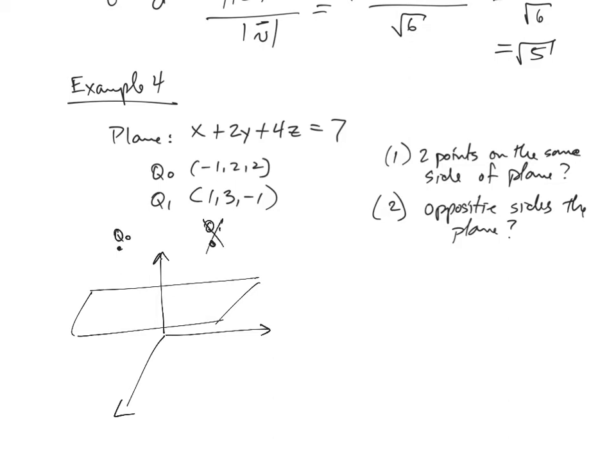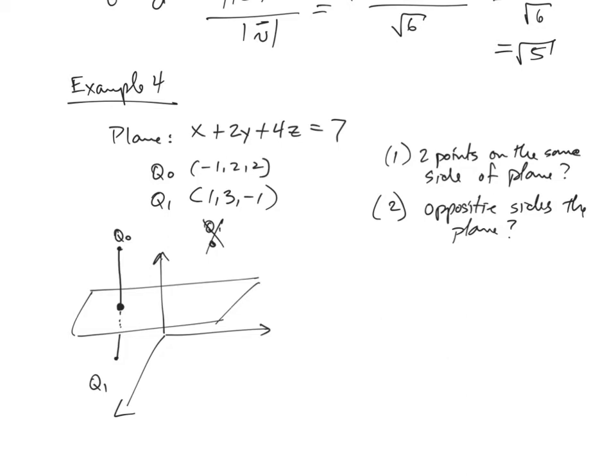Or are they on opposite sides of the plane? And then if they're on opposite sides of the plane, what's the point of intersection of the line that connects those two points with the plane? What's this intersection point where that line connects, if they are in fact on opposite sides of the plane?